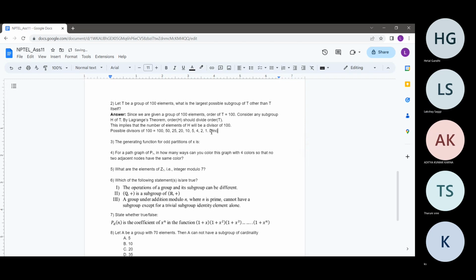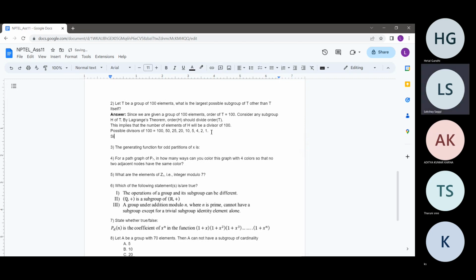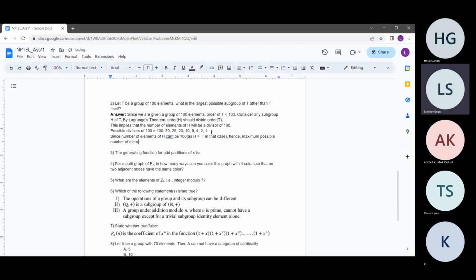So I'll just write this down also. Since the number of elements of H can't be 100, as H equals T in that case, hence the maximum possible number of elements of H will then be, if it can't be 100, then what's the next highest possible value?